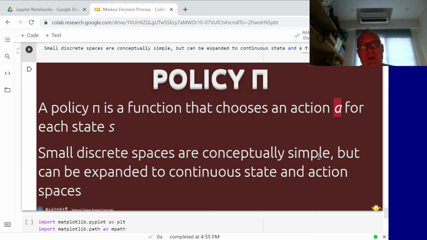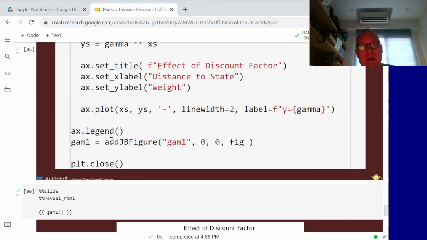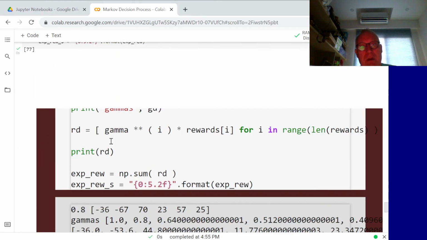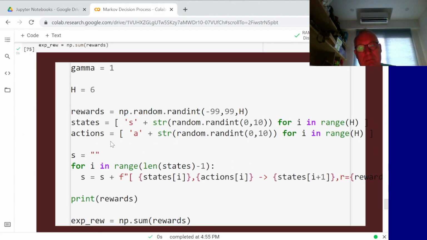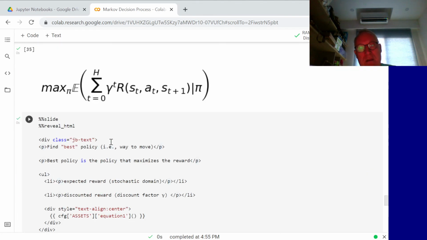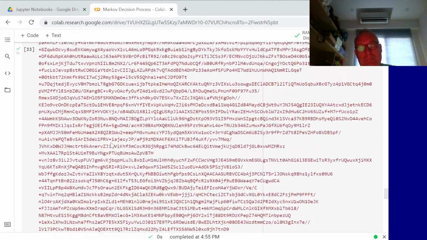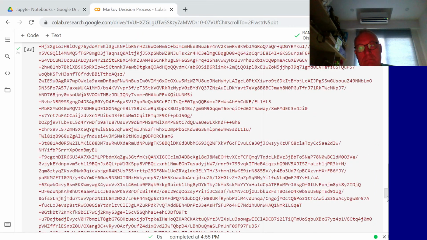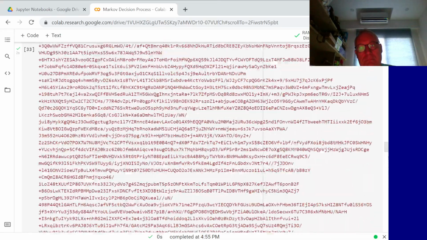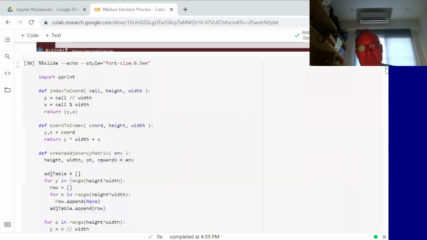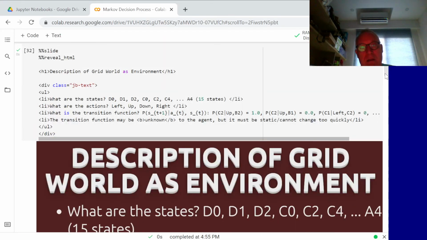I only need to know the current state S in order to choose an action, because the domain is Markovian. But if you do want to, let's have a look at the grid world again.